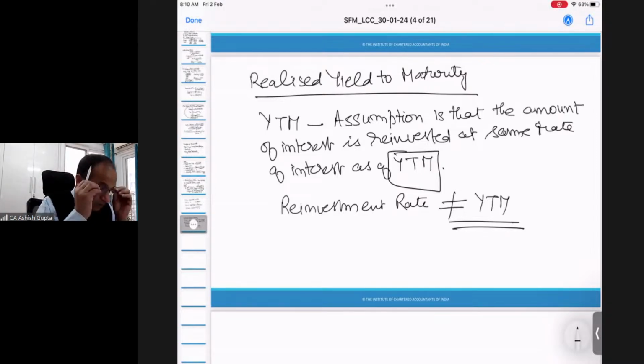Okay, student. Now, let us solve this question, because we have to apply different interest rates for the different periods.